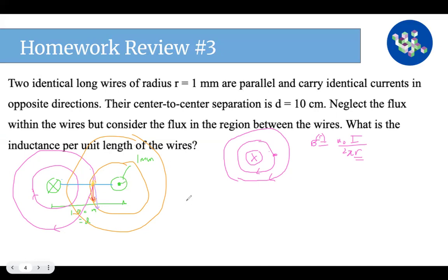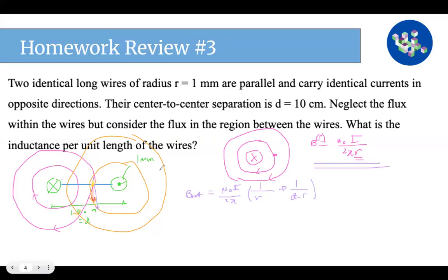B total, if I sum the two wires together, will equal mu zero I over 2 pi, times something in parentheses: 1 over some radius r, the distance to the left wire, plus 1 over d minus r. This will be the distance to the other wire.